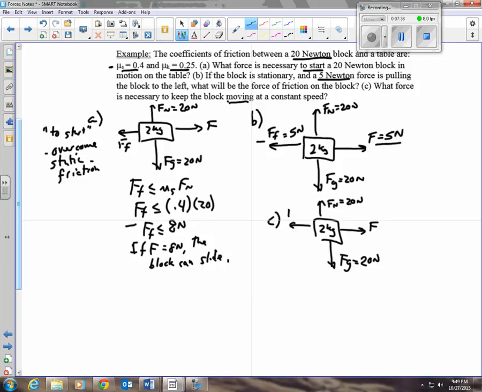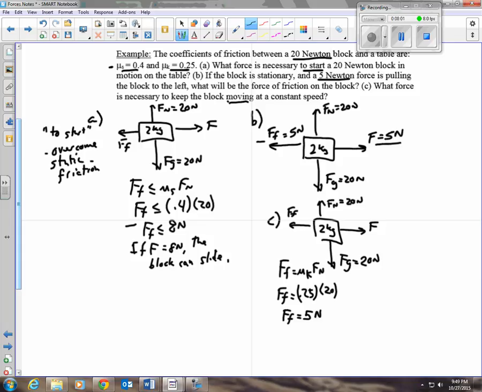I'm going to have friction back this way. Now, since it's moving, I have to use the kinetic one. And the kinetic friction coefficient was 0.25. And Fn was 20. So that's going to give me a force of friction of 5 newtons.